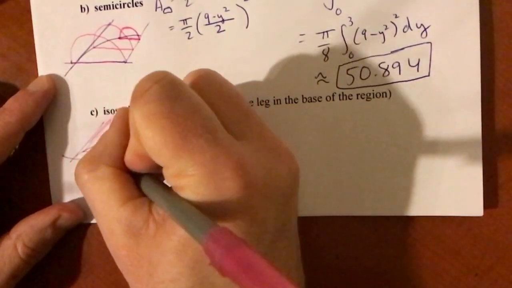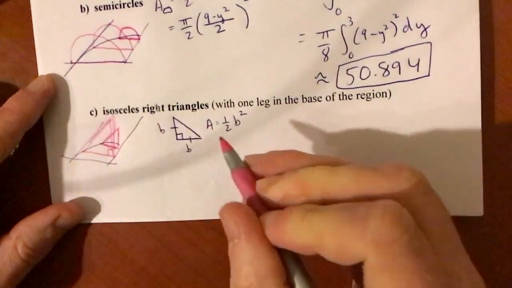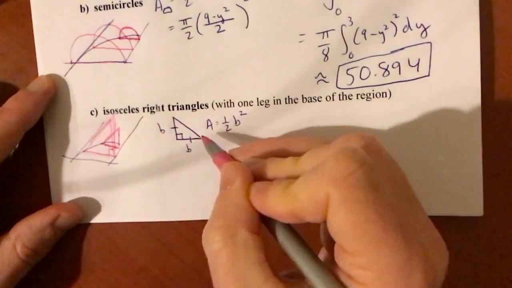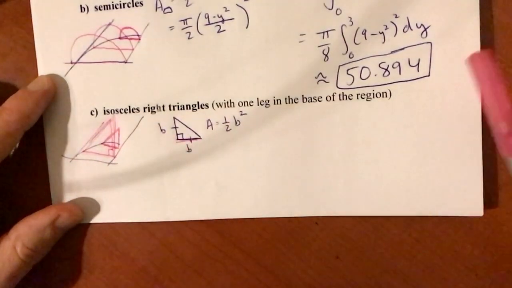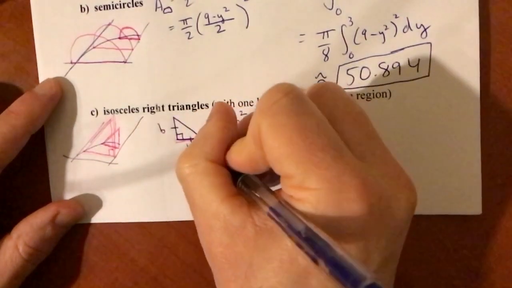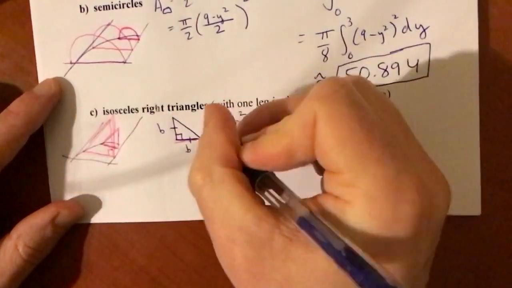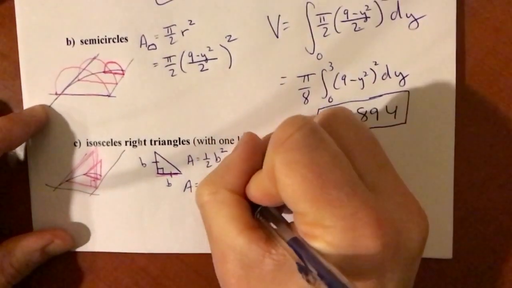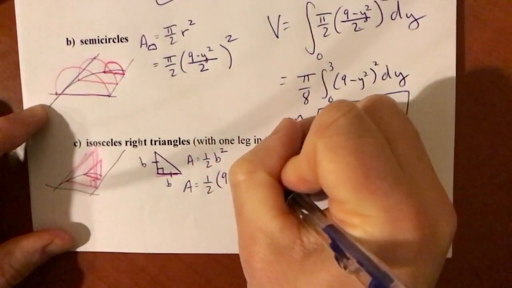This is a pretty poor rendering there, but you get the idea, hopefully, that that key distance that we keep using represents the leg of one of these right triangles. So the area of each one of these triangles is 1/2 of that base of (9 minus y squared) squared.